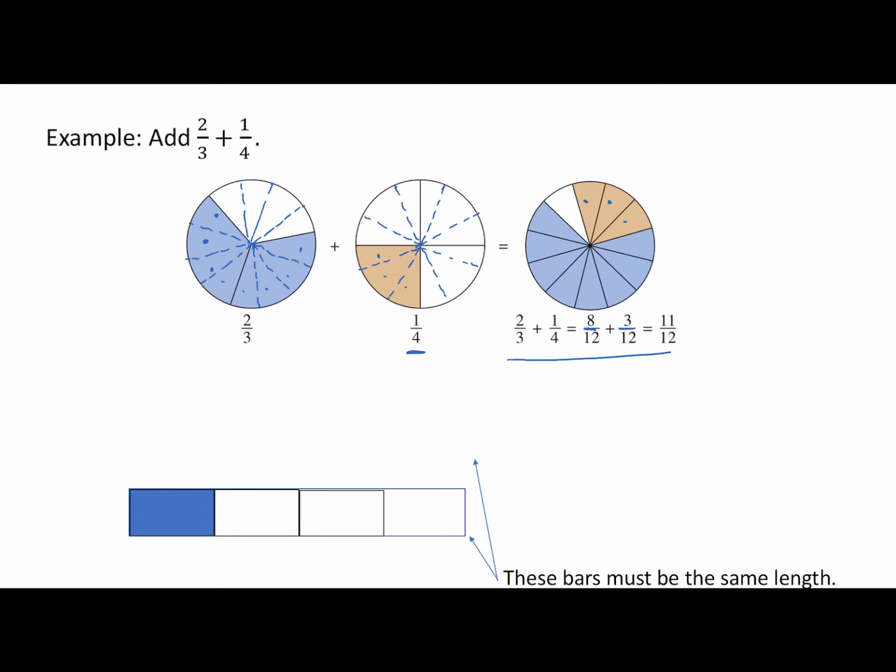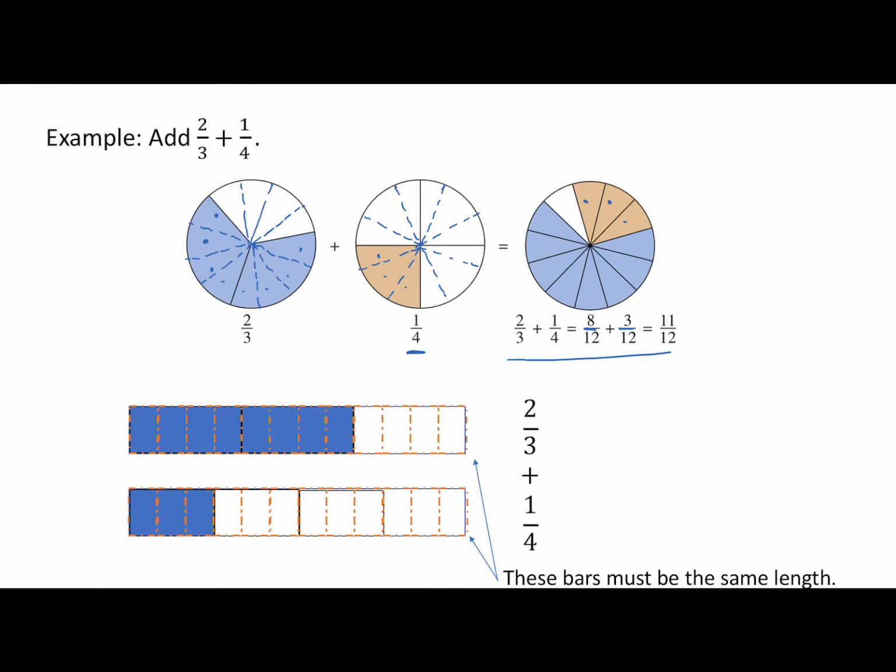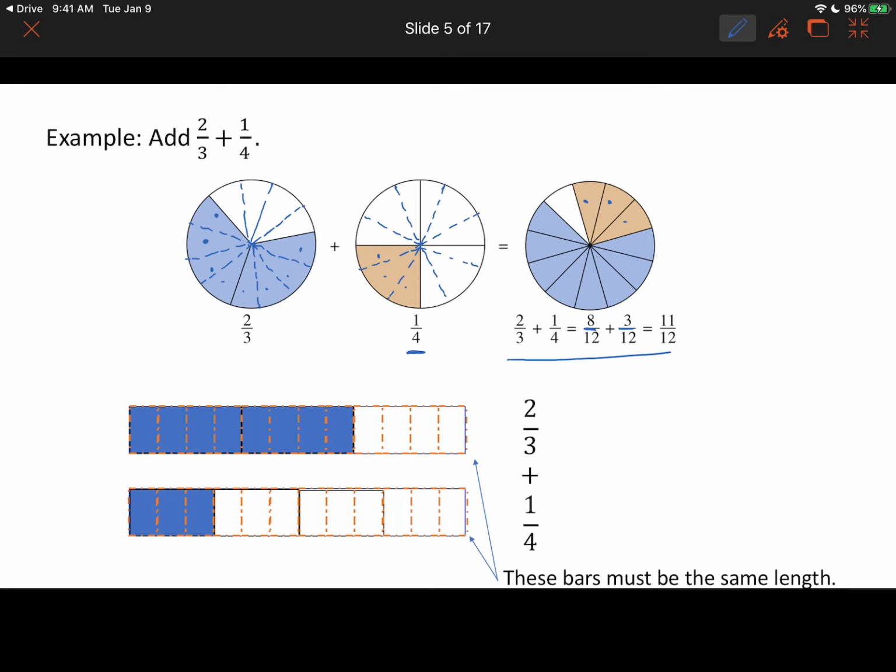You can also illustrate the area model using bars. So here I've taken, I know it's a little hard to read because I've got the orange on top already, but I've got, let me see if I do black. I've got 1 solid bar, and I want to illustrate 2/3, so I'm going to break my bar into 3 equal-sized pieces and shade 2 of them.